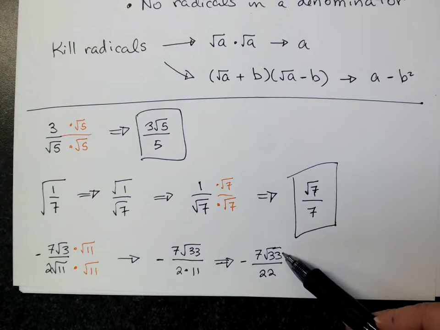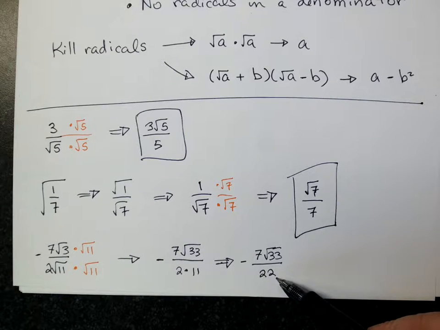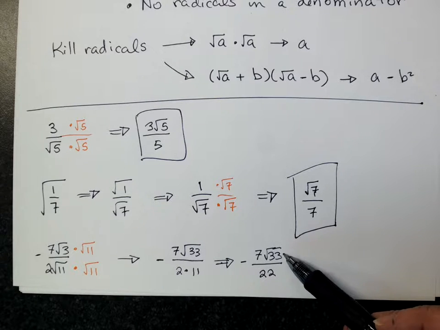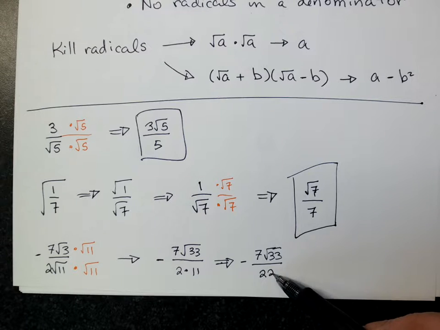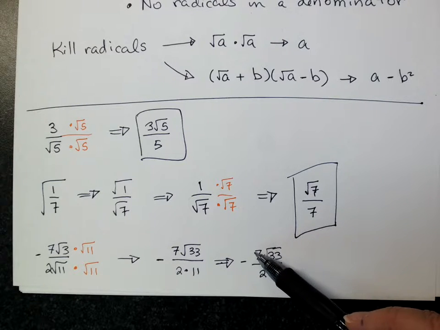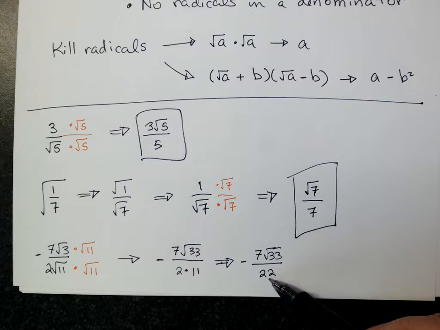Now, can I simplify that 33 and 22? No. One's radical, one's not. That is not actually 33. Square root of 33 is a totally different value. Don't be deceived by that. If I could reduce 7 over 22, then I would. I can't, but I would see if I could. And that would be legal because they're both free-floating numbers.